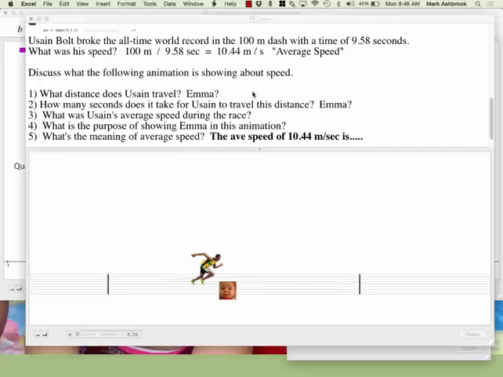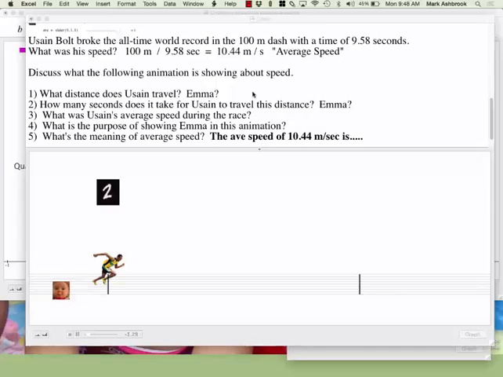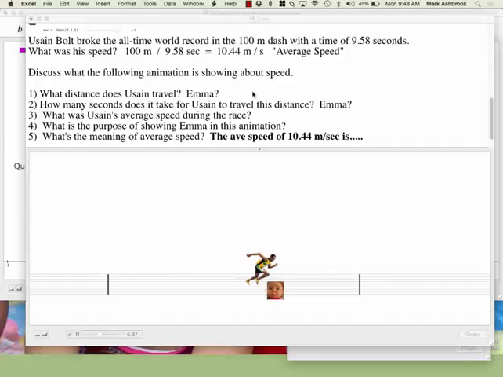No, it's not the change in the speed. Okay, now we're getting onto it. So 10.44 meters per second. What kind of speed is it? It's only one number. So it's a constant speed, right? So that's Emma's speed, right? Emma's running the constant speed that Usain would have had to run to do what?